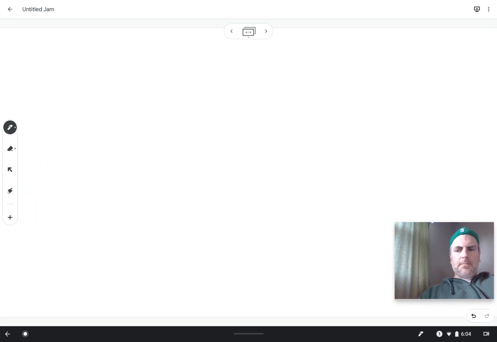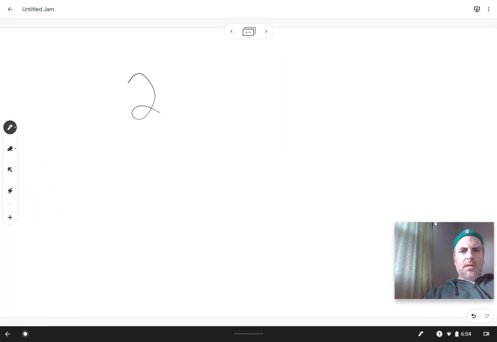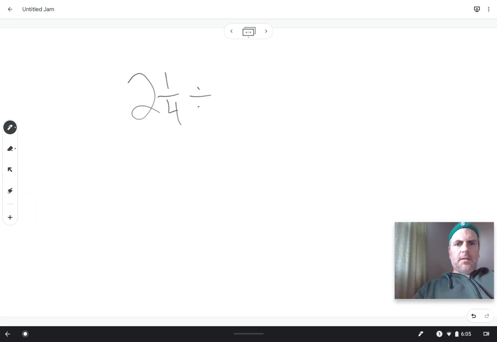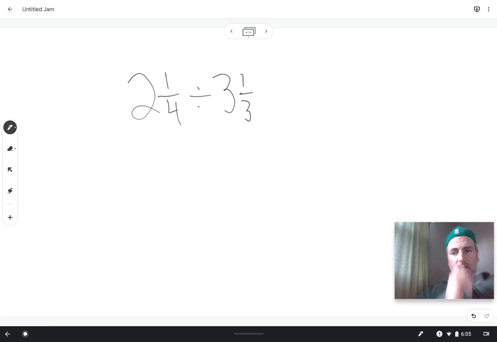Let's do another. How about this? Let's say we have 2 and 1/4 divided by, I don't know, 3 and 1/3. We'll need to convert the mixed numbers into improper fractions.